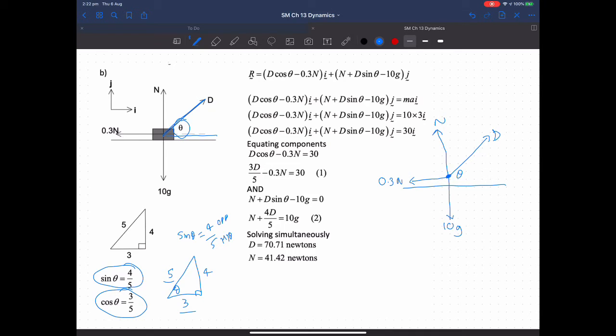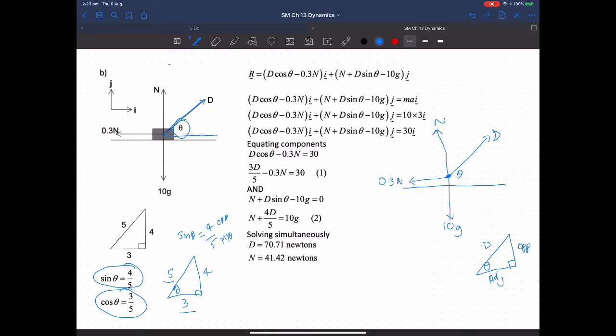If you look at what we have here, we have a right-angled triangle. We know that this side here is D, this angle here is theta. We know that this side is the opposite side, and this side is the adjacent side.